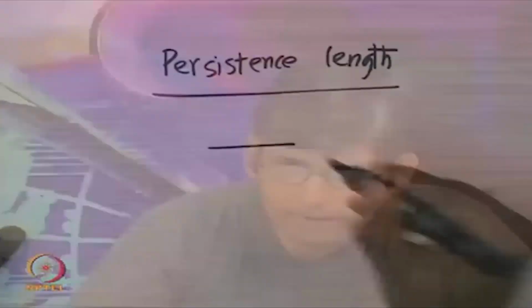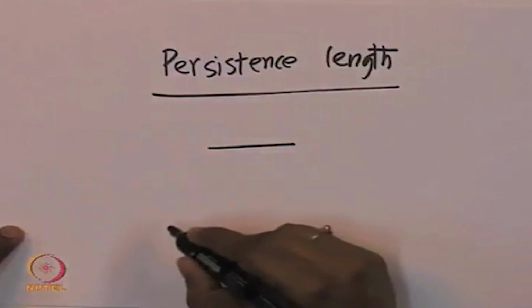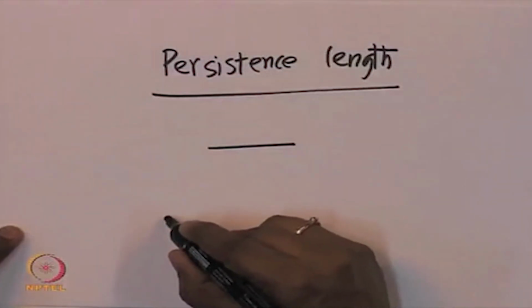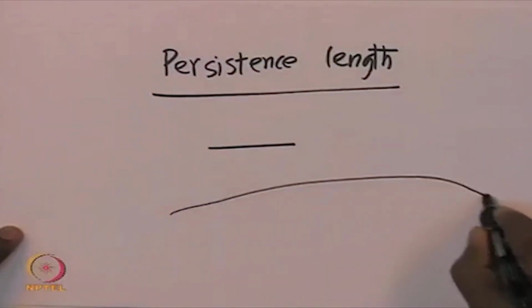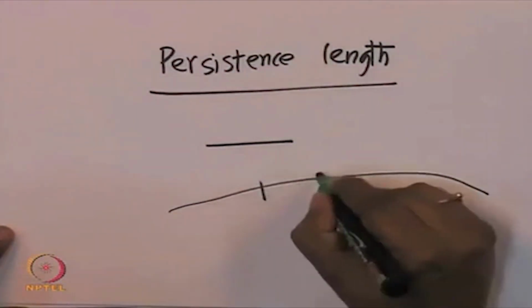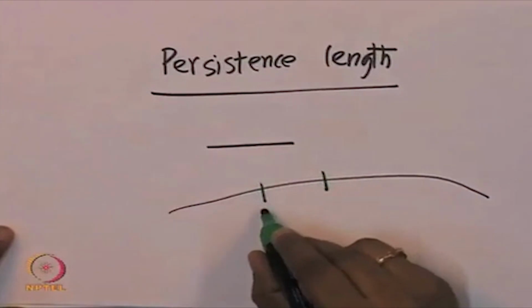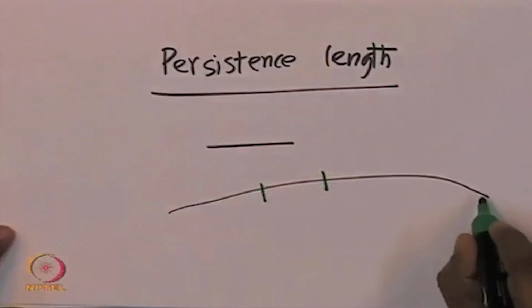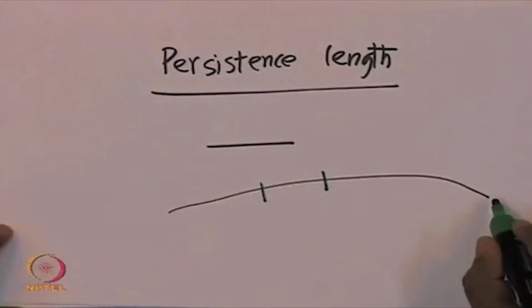Similarly, DNA or any polymer for that matter, DNA, actin, etc. When they are short, they will be almost straight, but when they are long, there will be bending. If you take a short segment from here, this will be straight, but if you take this long segment, it will be slightly bent.